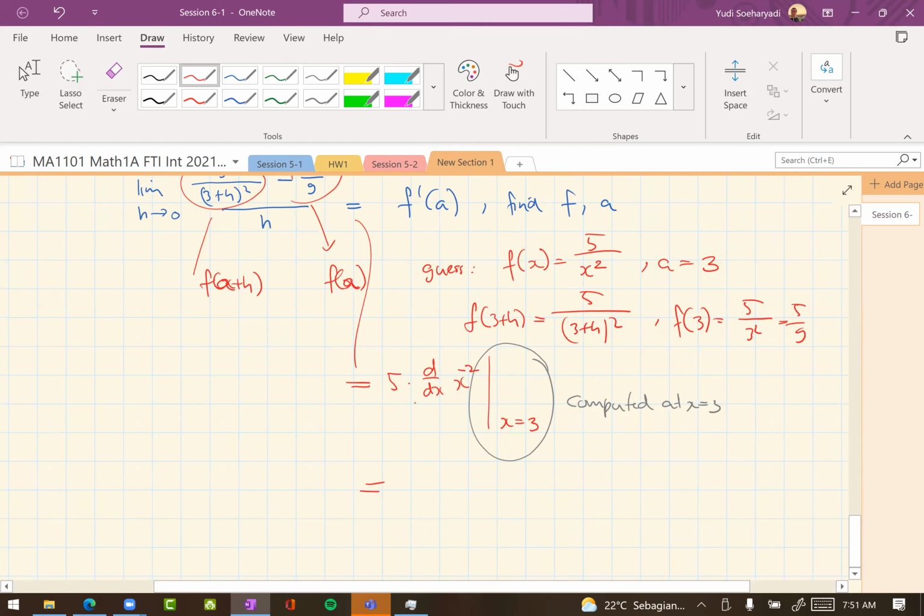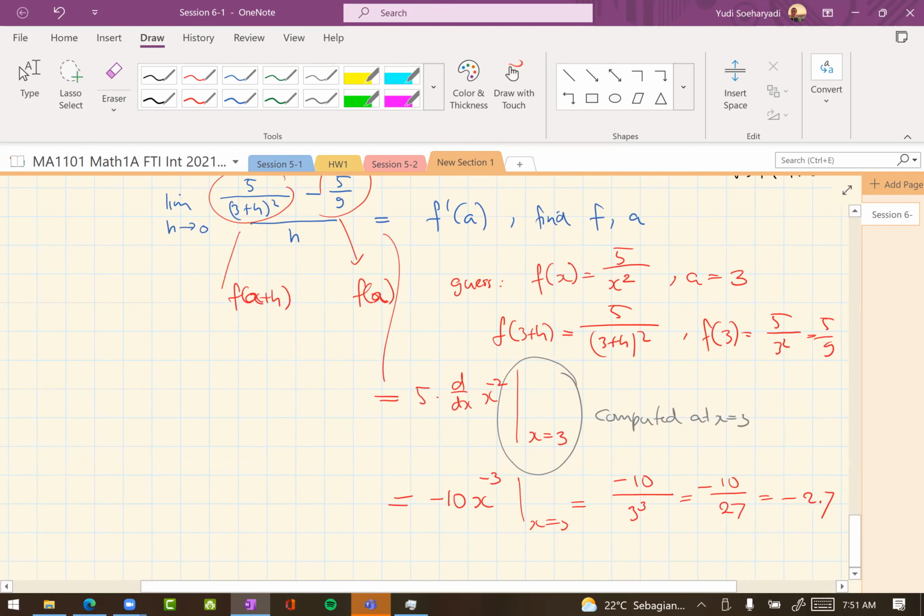The derivative multiplies by the power, so it becomes negative 10. And for this, reduce the power by 1, so it becomes negative 3. You plug in x equals 3, so what you have is negative 10 over 3 cubed, so negative 10 over 27. So that's the limit.